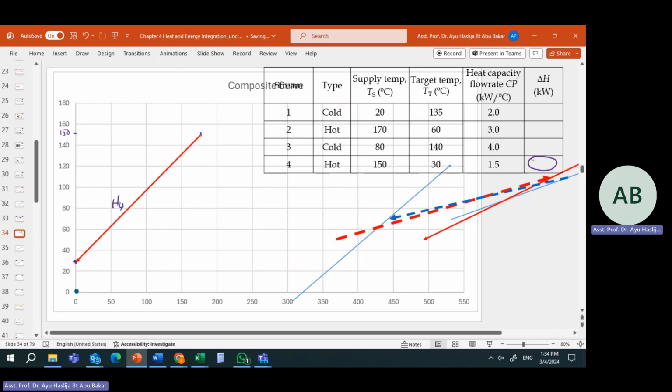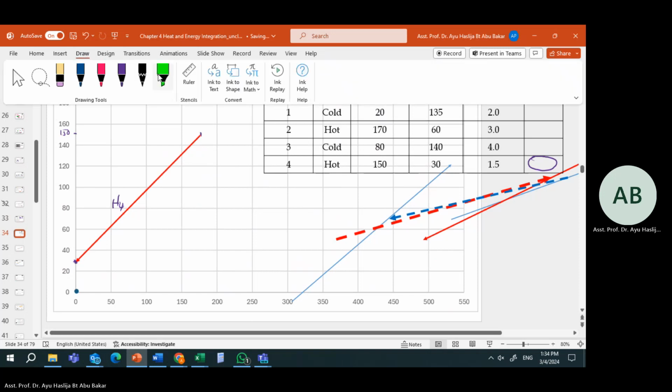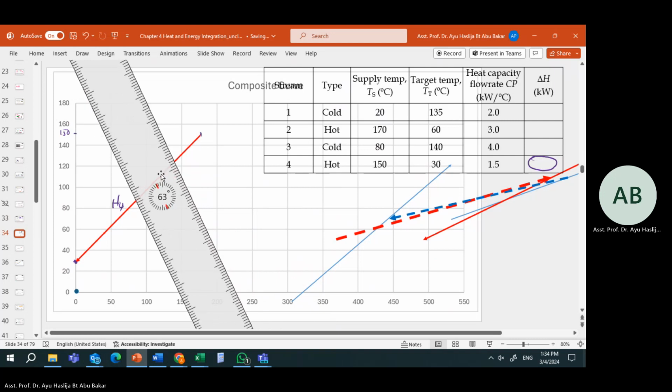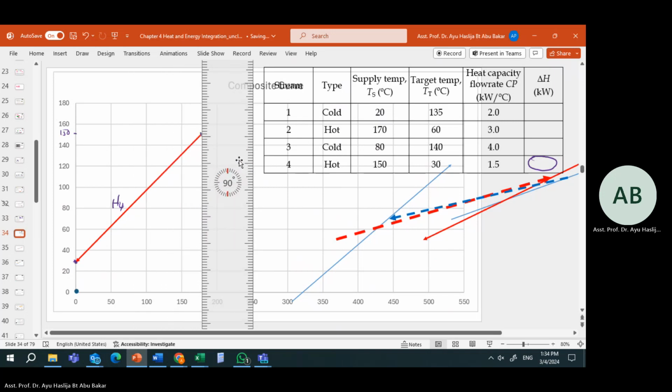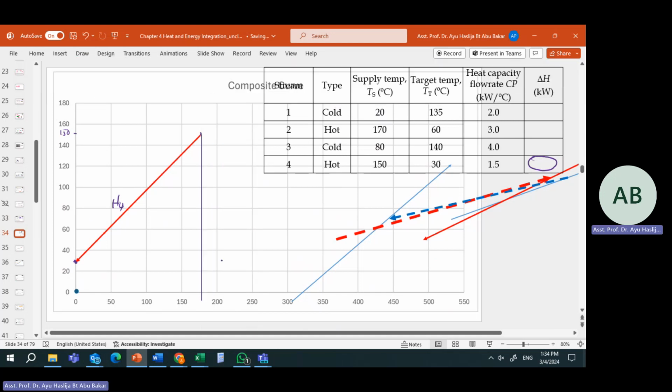H4 from 150 to 30 with delta H of 180. Okay, so from here to here is 180 kilowatt.